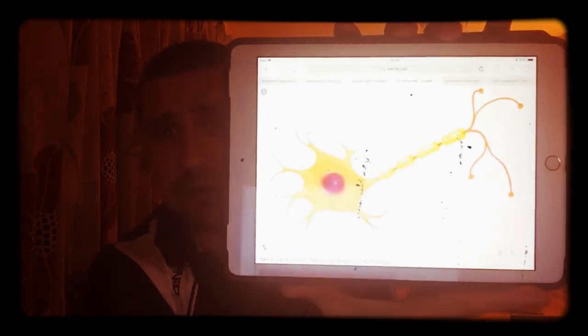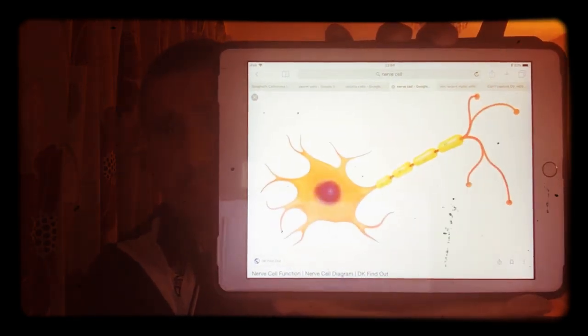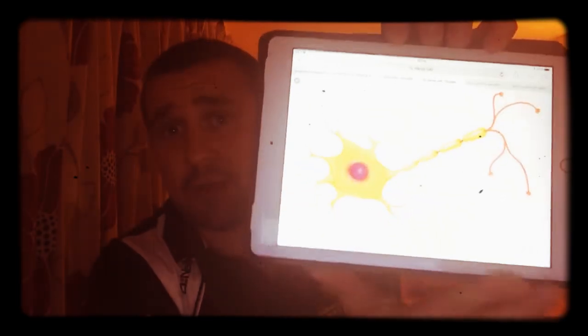Now, the next one. Next cell we're going to look at, and the last specialised cell we're going to look at, here you have a nerve cell. Now this nerve cell, it's not labelled, but if I just point out, oh crikey, I'm moving it.